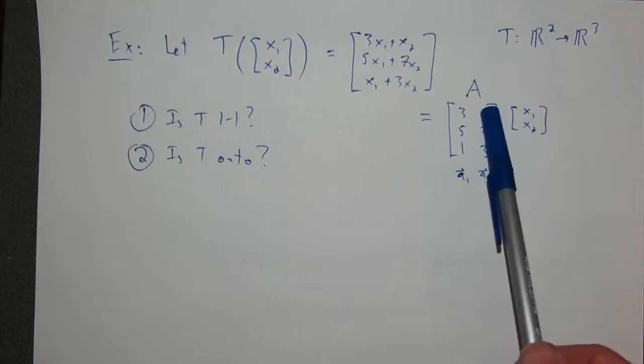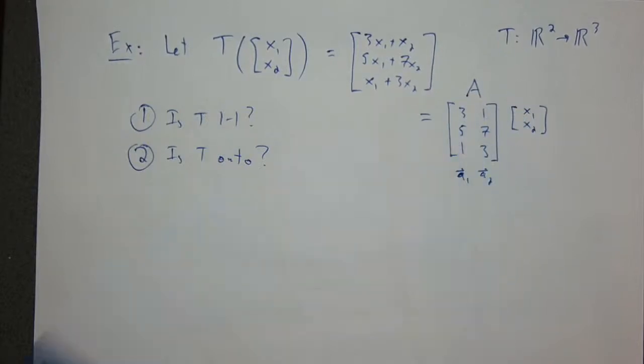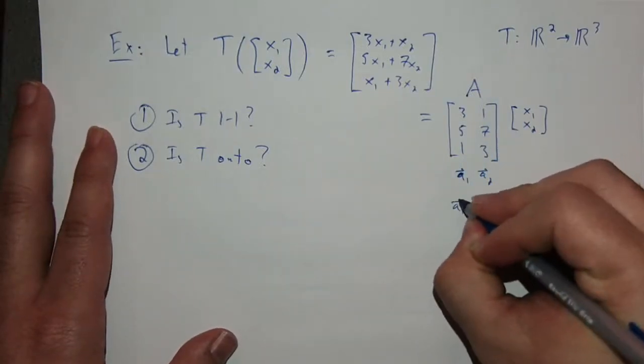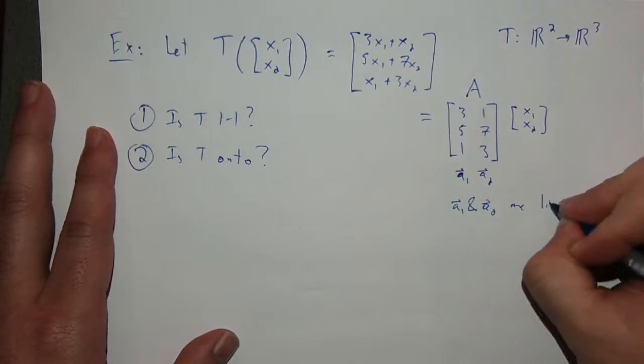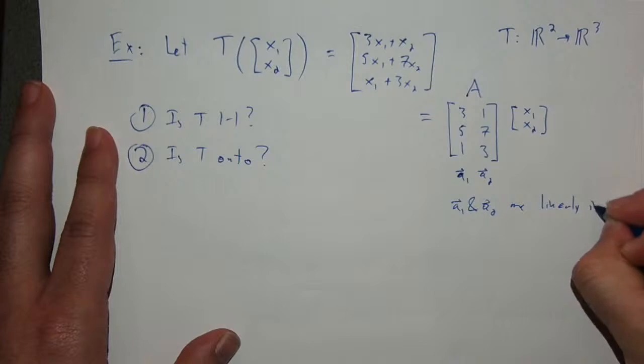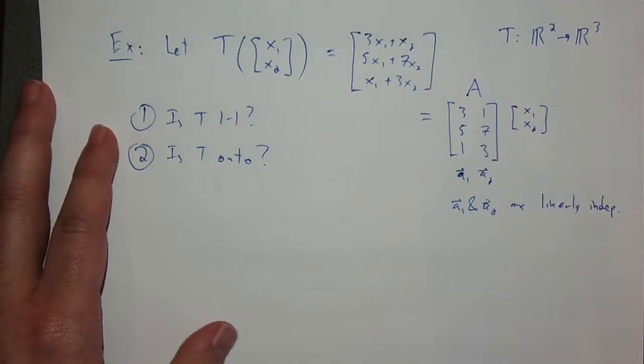If I multiply by 3, multiplying 7 by 3 would give me 21, but that's not 5. Multiplying 3 by 3 is 9, which is not 1. So these are not scalar multiples, so a1 and a2 are linearly independent, since it's just a set of two vectors.